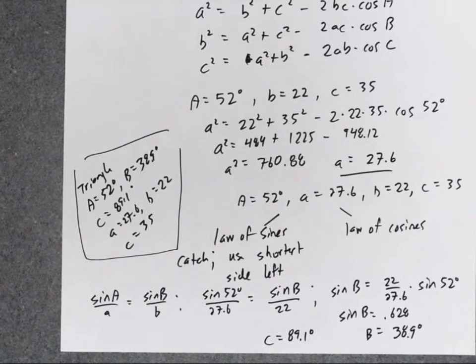If you have a matching pair, you use the law of sines. If it's a non-matching pair, you have to begin with the law of cosines. So the last possibility now is just three sides. So if you're given a triangle with three sides, then here's what we do.